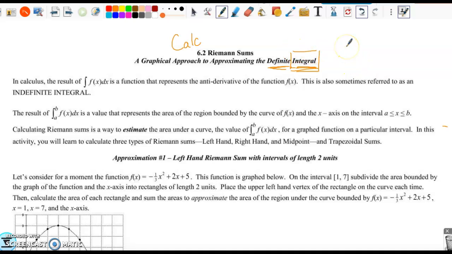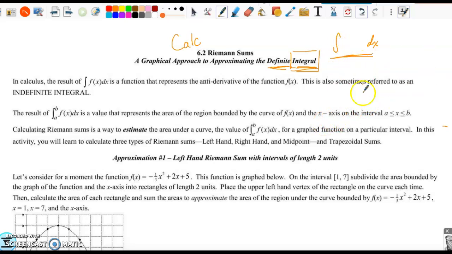What is so awesome about calculus is that the premise of the antiderivative that we just did in section 1 is actually setting us up to find the integral, which is actually the same symbol, dx. And it's going to represent the area under a curve.